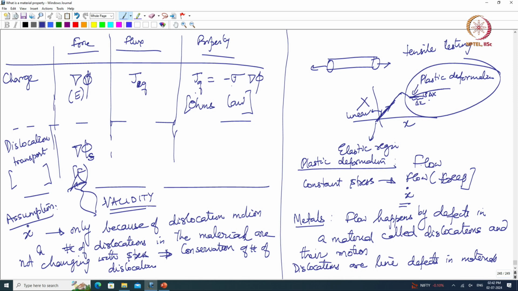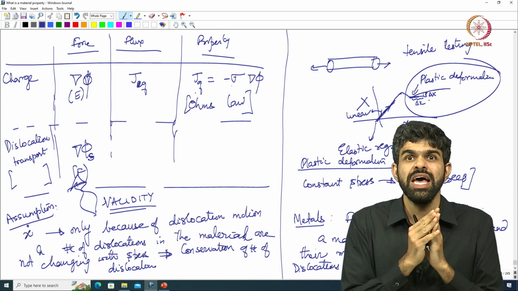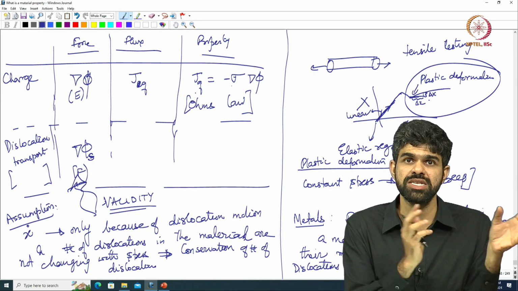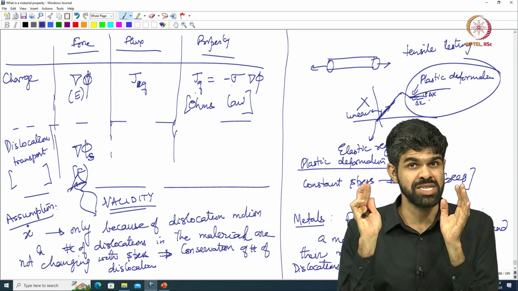So, I need to have some strain rate created by flow of certain defects, and these defects I call dislocations. Just like charge is conserved, I am going to assume a condition where dislocations are conserved.